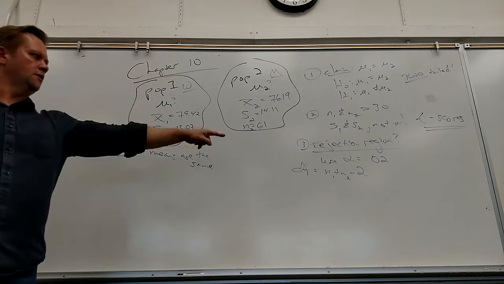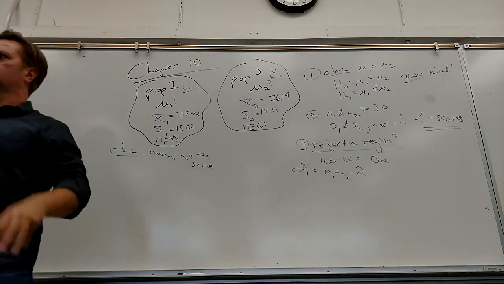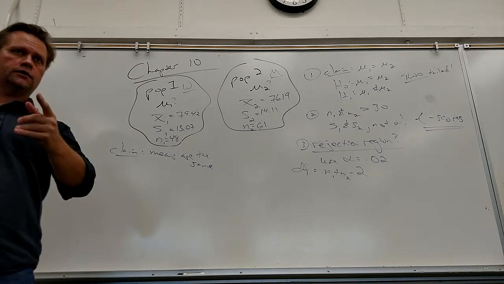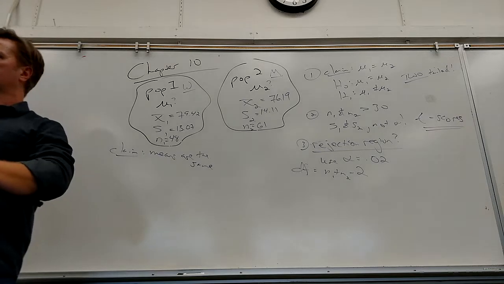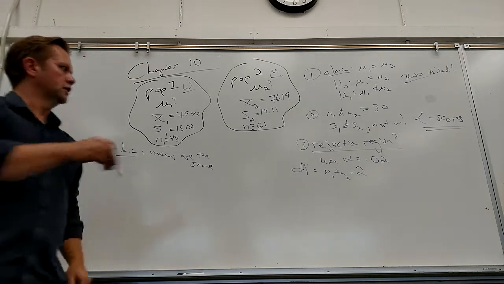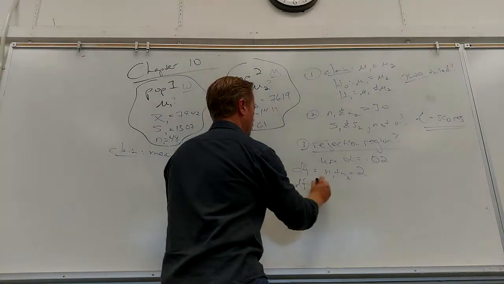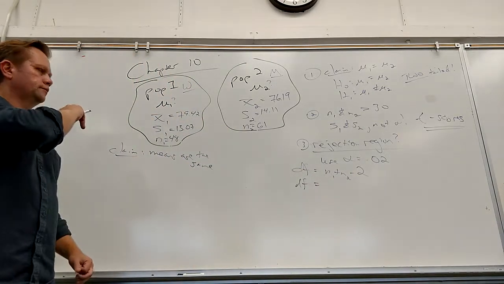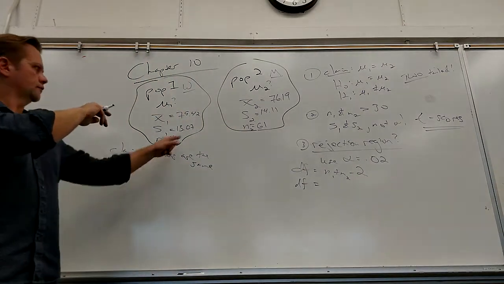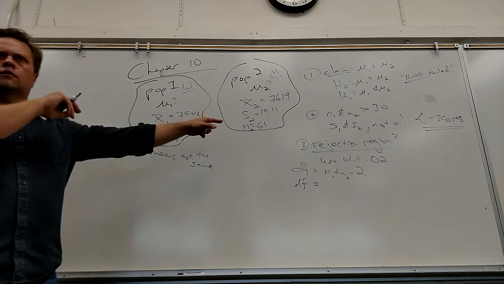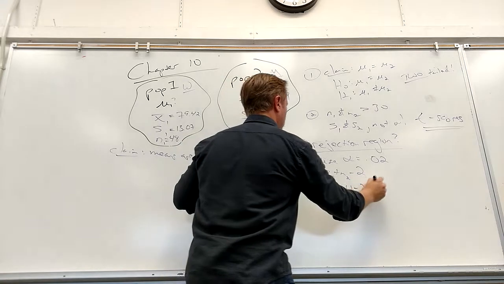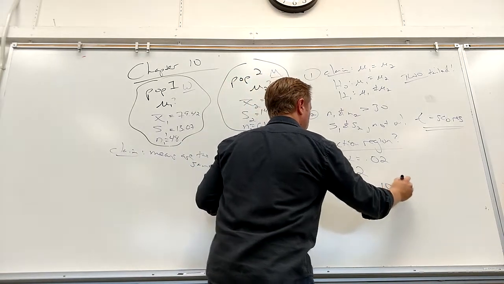Minus 2, because minus 1 for each one. And this is a rough approximation of the really disgusting formula they use in the book. So in this case, what would our degrees of freedom be? Yeah, 48 plus 61 minus 2. 109 minus 2 is 107.